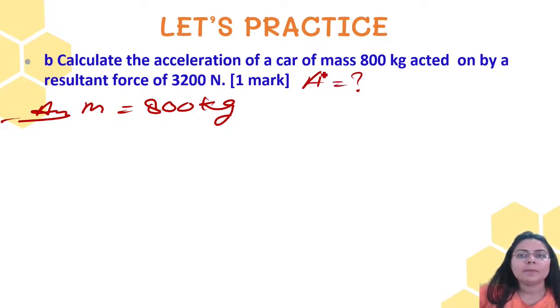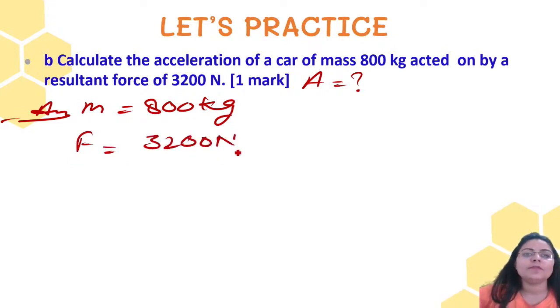All right. And mass is given as 800 kilogram of a car acted on by a resultant force. The resultant force acted on the car is 3200 Newton. We have applied a force of 3200 Newton on a car which is of 800 kg of mass. What will be the acceleration on that particular body?